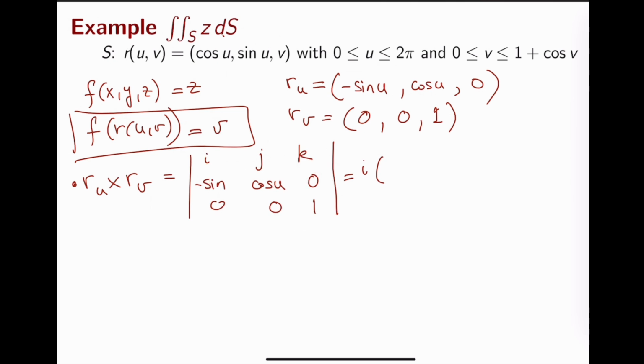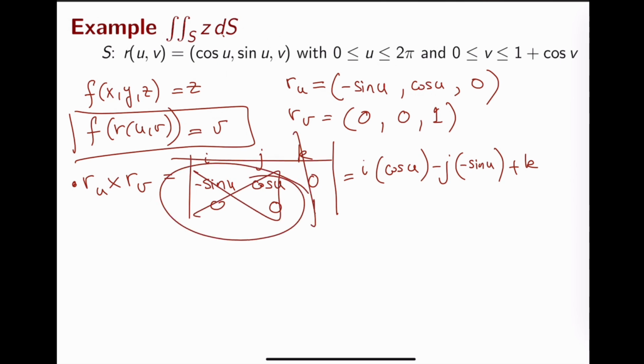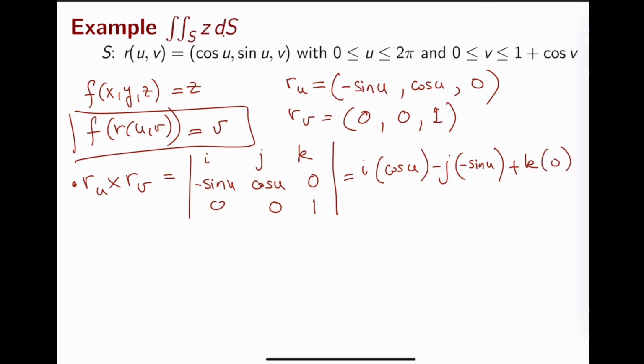So the first one will be just cosine of u. Minus j times, eliminate this, is going to be minus sine times 1. So this is going to be minus sine. And plus k, we eliminate these two, is going to be 0 minus 0. So this one is going to be 0.